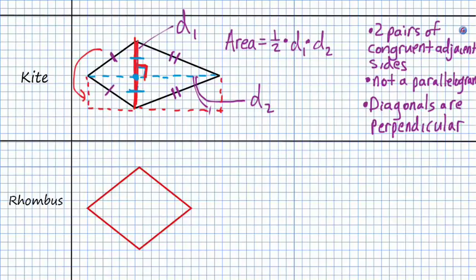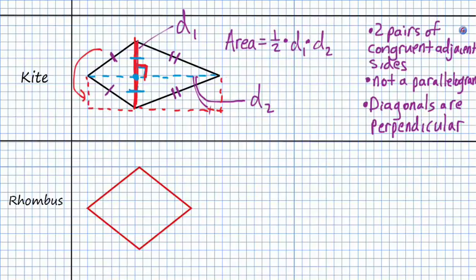And what I'd see is I would create a rectangle that has half of the height of the kite, but still has this diagonal, D2, as the width. So we have 1/2 of diagonal 1, that's this height here, times the second diagonal becomes the width of the rectangle, will give us the area of the kite.